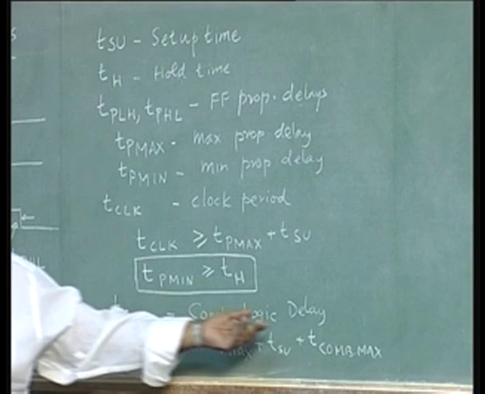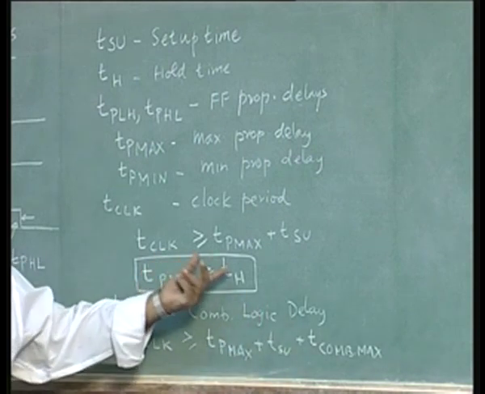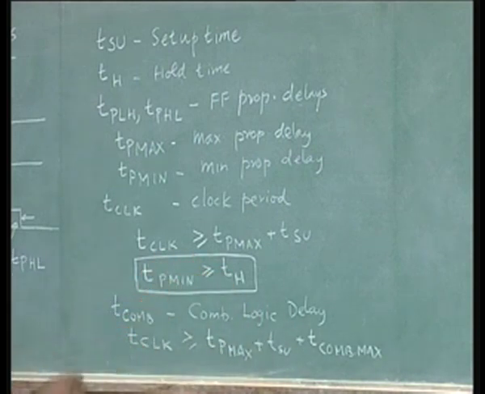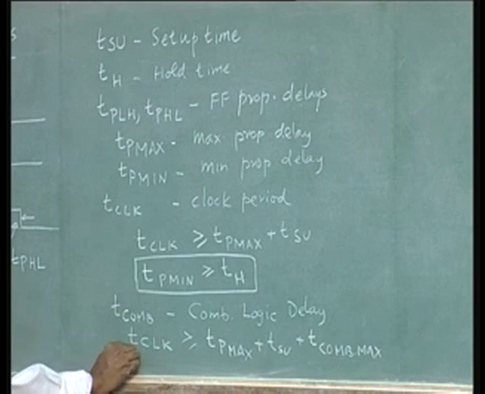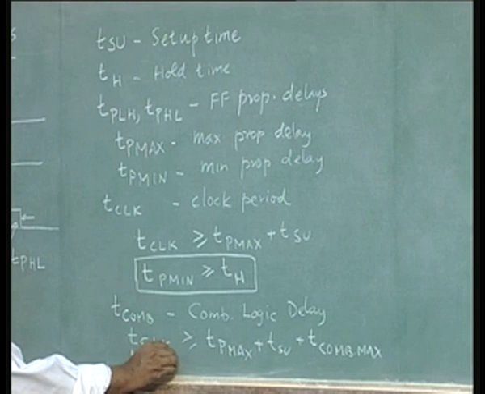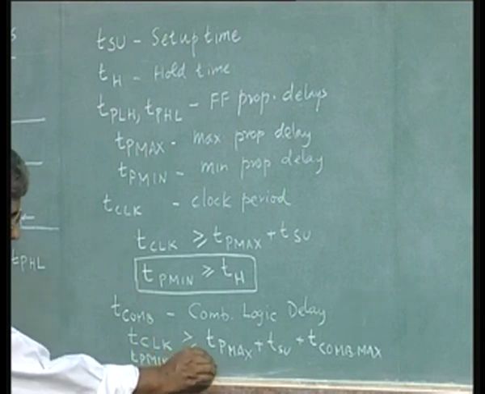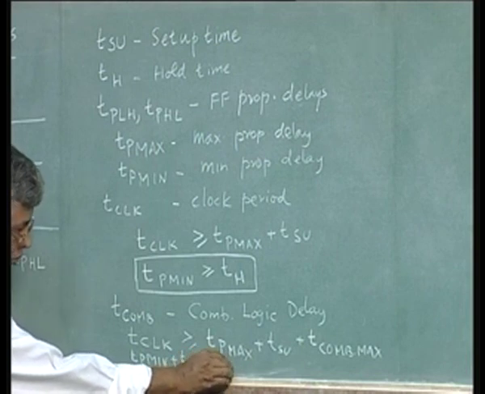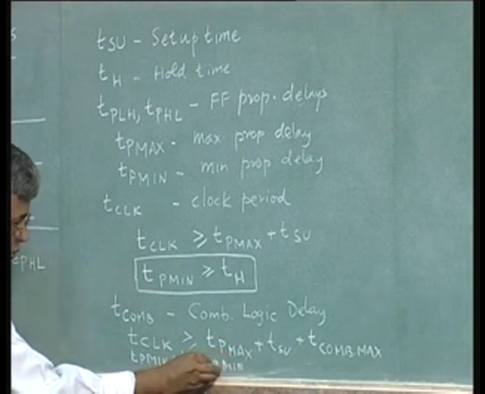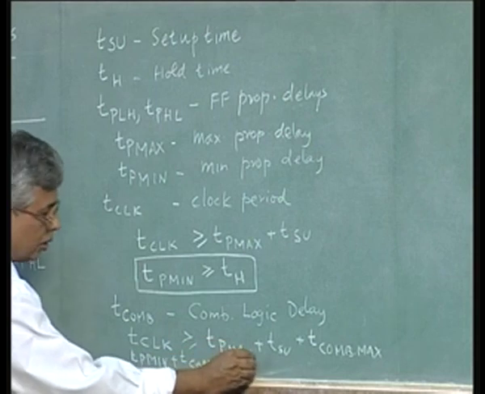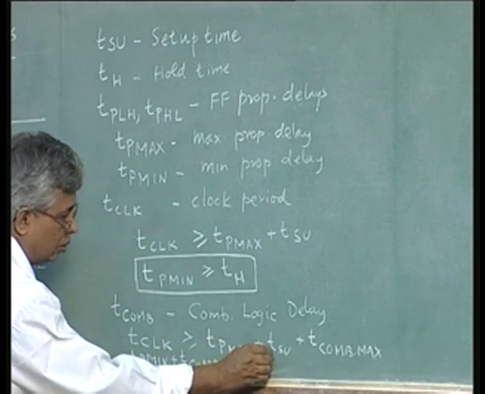Now that I have an additional delay, that delay also can be counted into this. So what I have to say is Tp min plus, in this case, the minimum combination logic delay, T comb min, together should exceed Th.